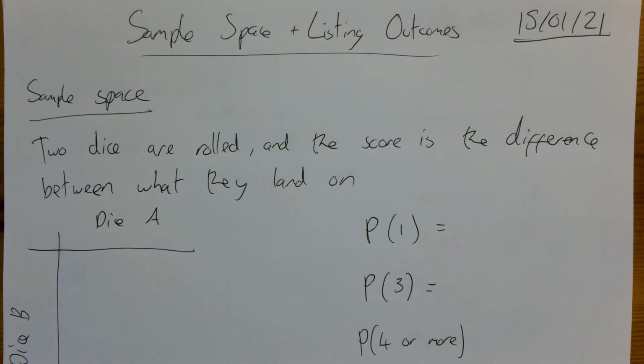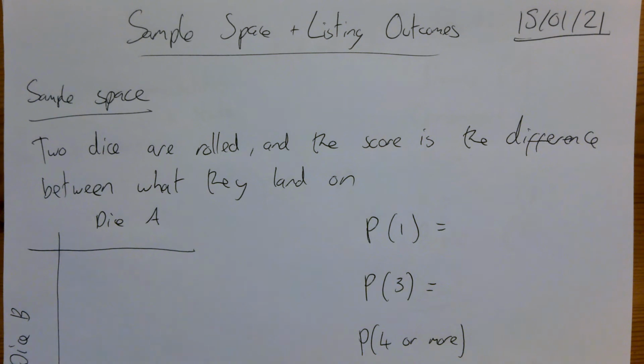So for this first one, make sure you've got the date and title, pause the video to get those in. Okay, a couple of problems to have a go at in your book, do with me. Sample space. 2 dice are rolled and the score in this game is the difference between what the 2 dice land on. So I've got dice A and dice B. I'm going to draw a sample space diagram so I can find out the probability of getting those scores.